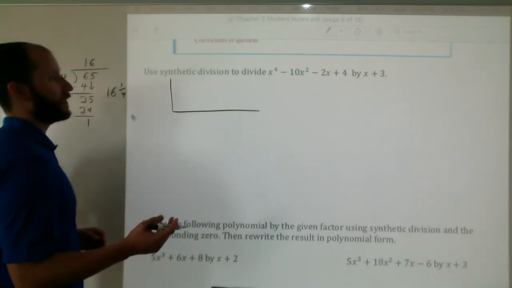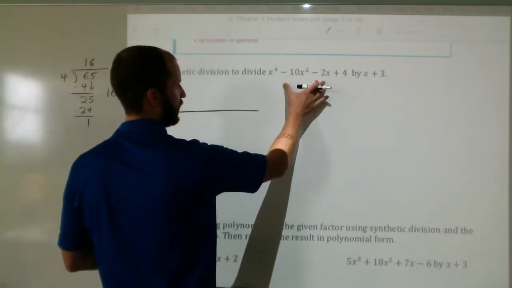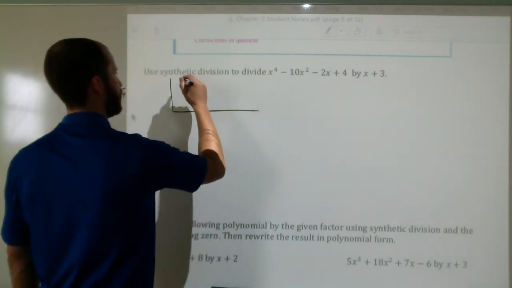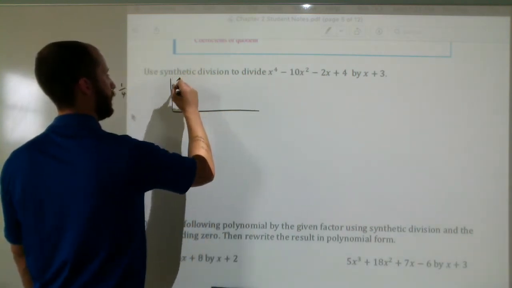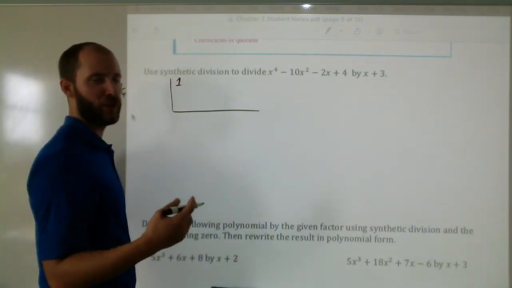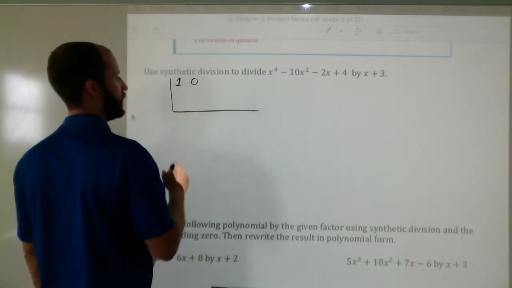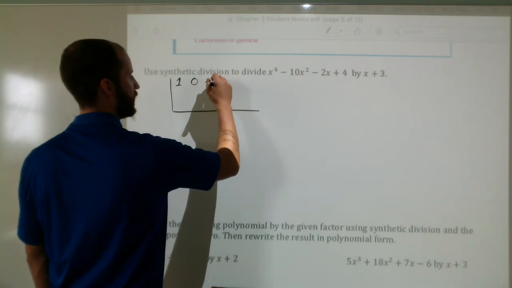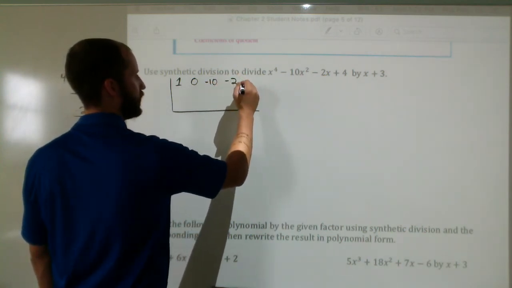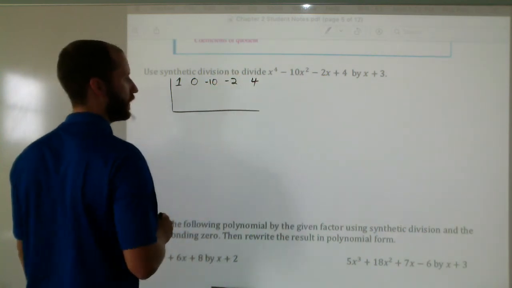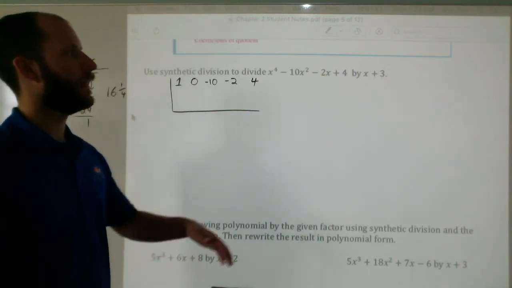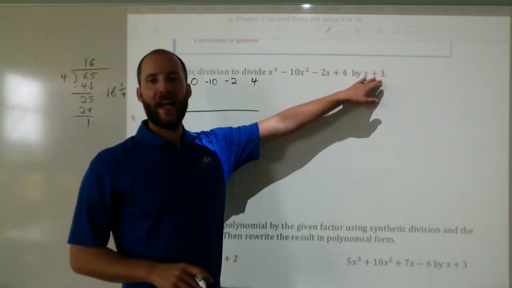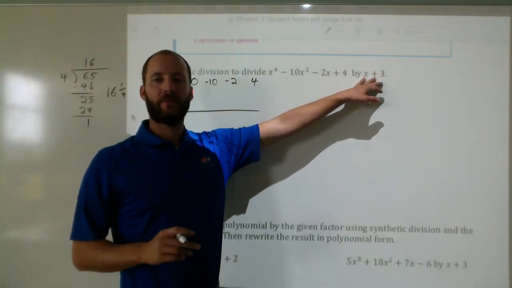So the first thing we want to do is just take the coefficients. There's a 1x to the fourth, so we have a 1. There is not an x cubed term, so we use 0. A negative 10 on the x squared, negative 2 on the x, and 4. And then we're dividing by this factor, x plus 3.